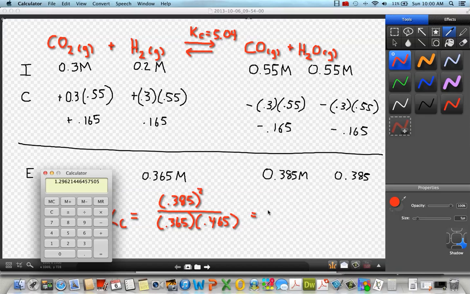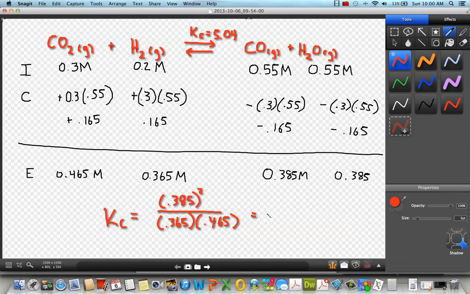We get 1.30 for our new Kc, which is down less than the 5.04 that we had previously.